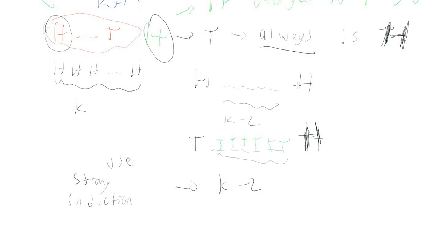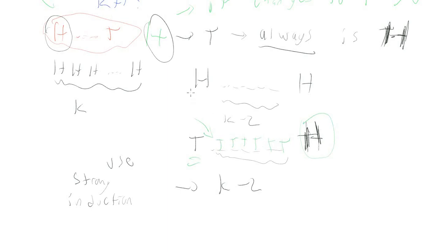And we know that because we have one H here, right? And notice this first T is not part of the subsequence in here. So we always have this one H. For all intents and purposes, we can ignore this T and ignore this H, because this H always gets us into the subsequence, and then we can just look at the subsequence, and by the inductive hypothesis, we know that these are all T's.